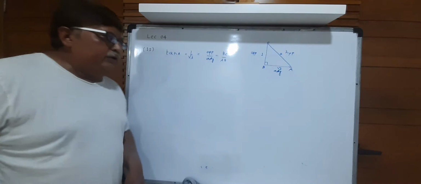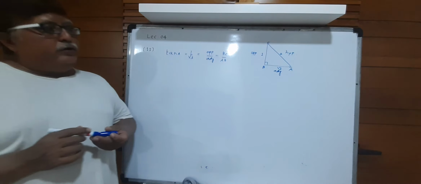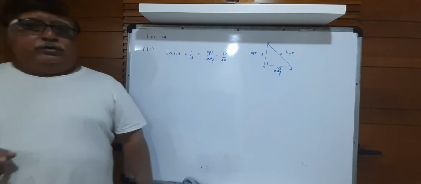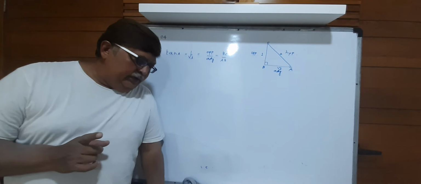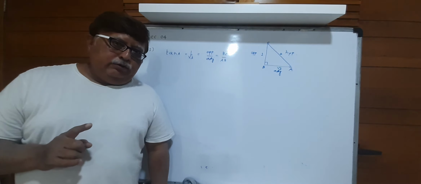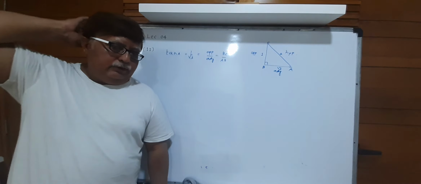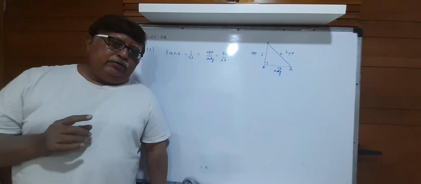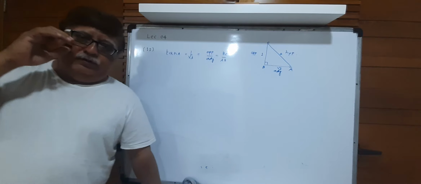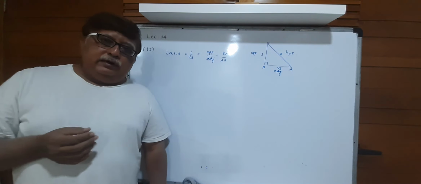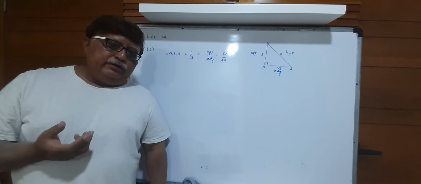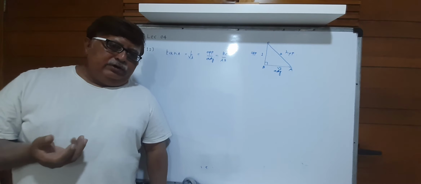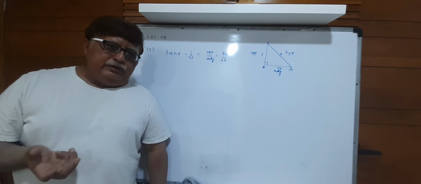Now, dear student, here in this case, you are looking for the value of sin A into cos C plus cos A into sin C. Initially, in the first example, I guided you to find all trigonometric ratios, but here don't work unnecessarily.